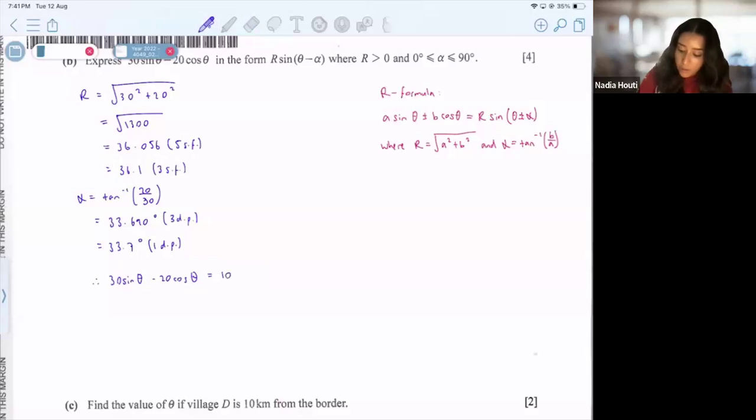So this is 10 square root 13 sine theta minus 33.7 degrees.